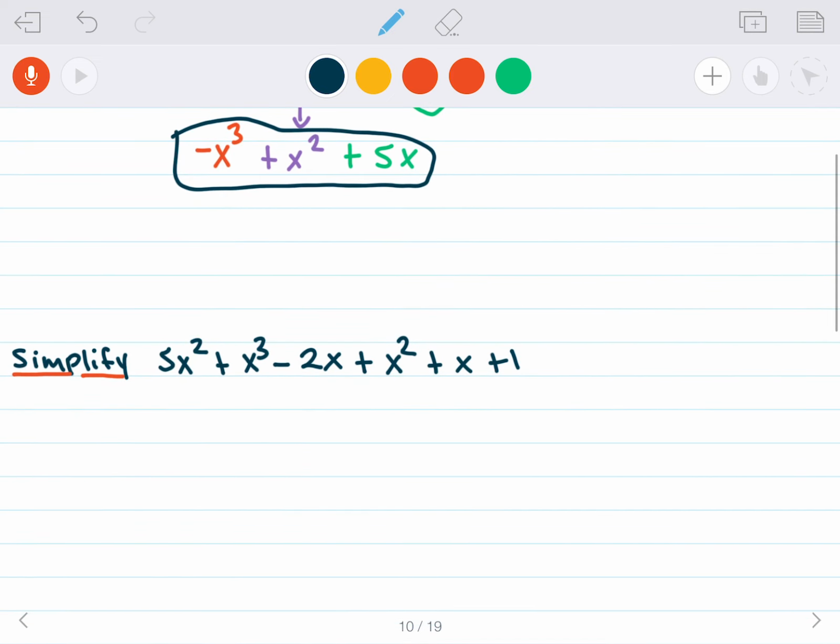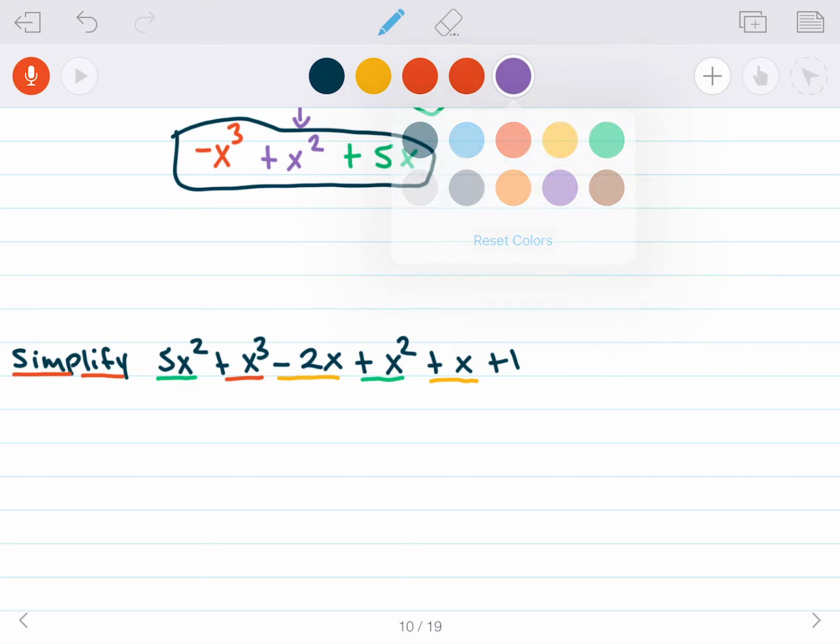Okay, let's try another one. So first comes the x to the 3 positive, then I'll do my x to the 2 terms. That's going to be this and this. Then I'll do my x terms, negative 2x and a positive x, and finally I just have a constant by itself, positive 1.